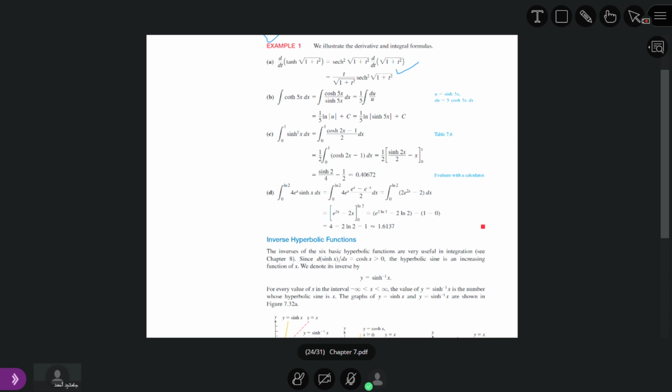And similarly, what is the integral of cotangent hyperbolic 5x? Previously we have discussed this in 4.7 and 5.3, 5.4.